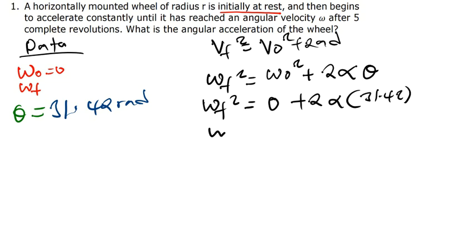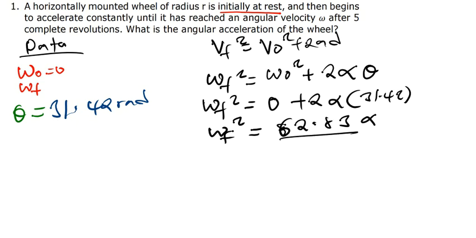So 31.42 times 2 gives me 62.83, then times alpha.